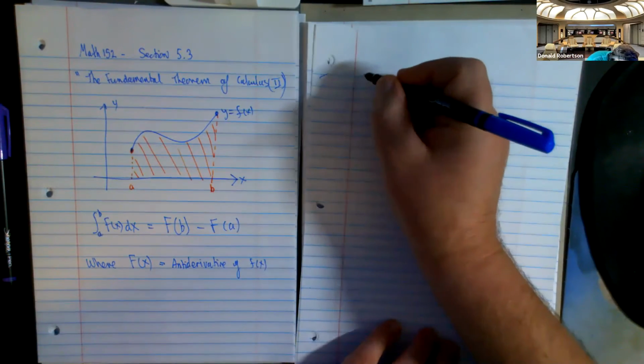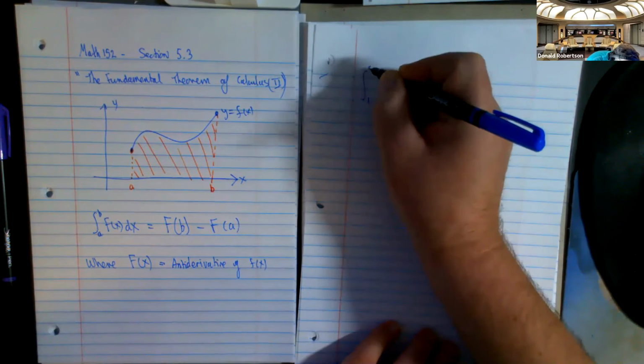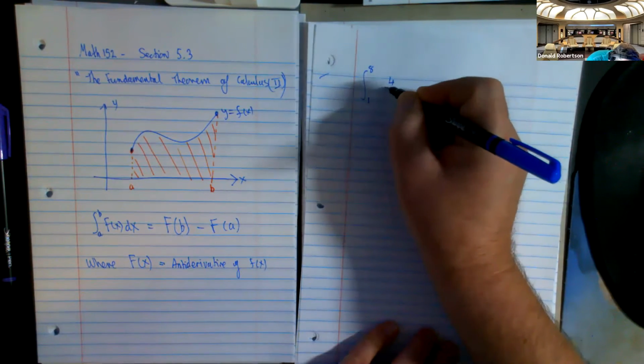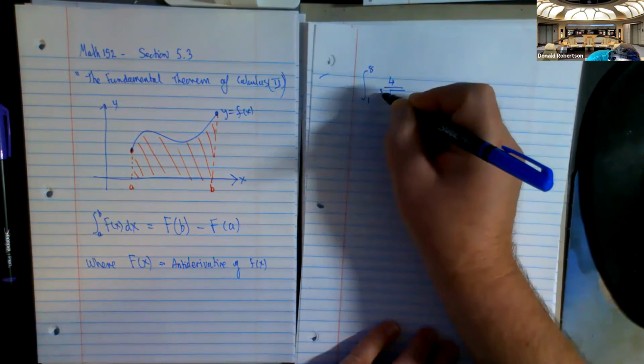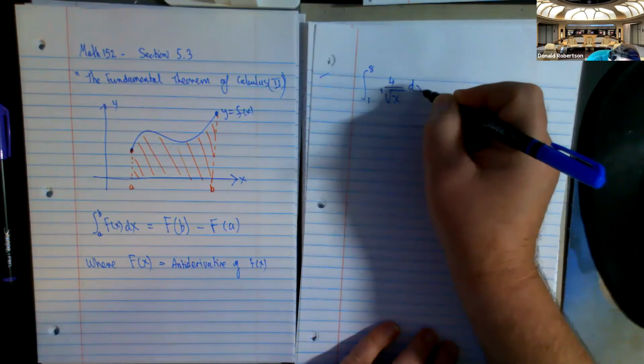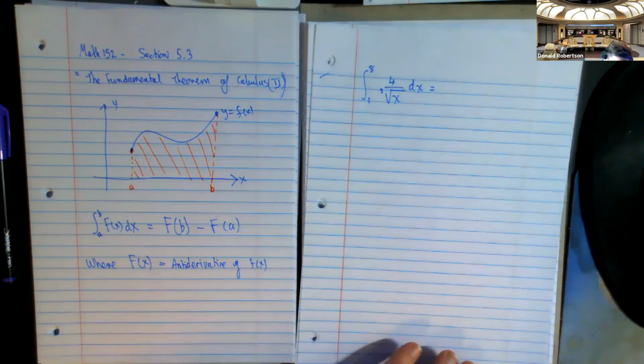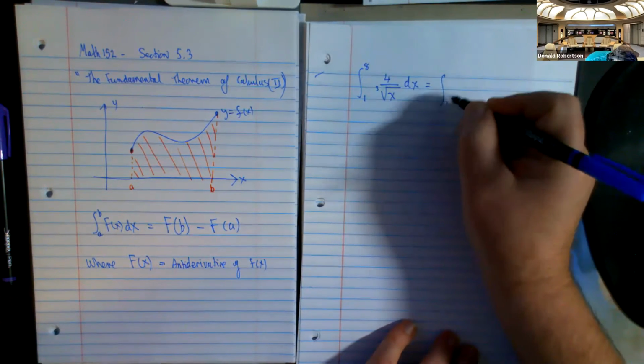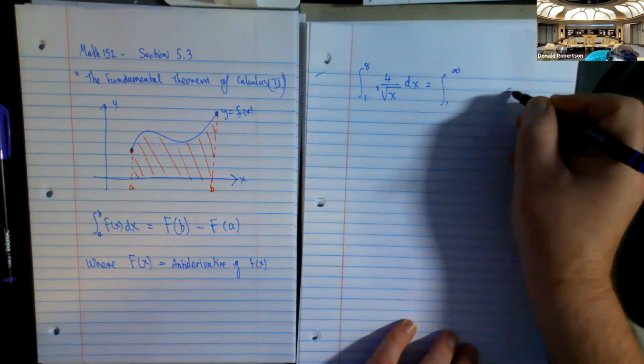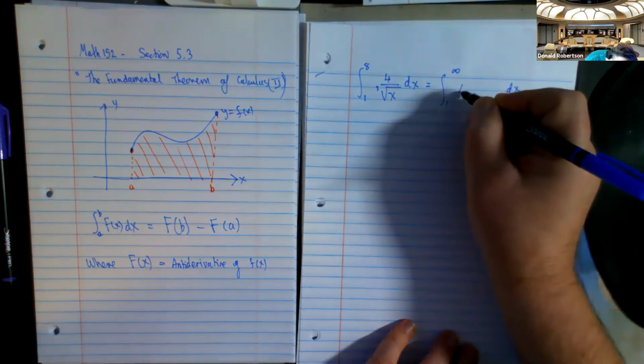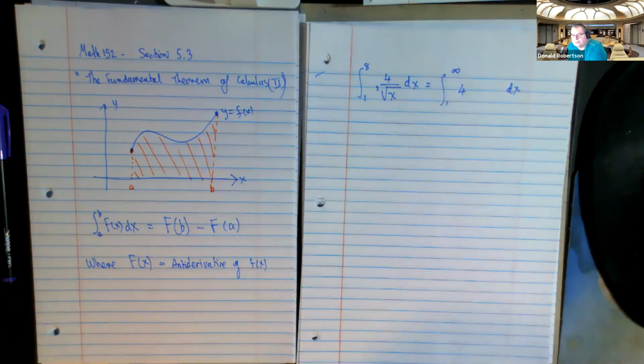Let's do another square root, cube root kind of guy. Let's do the integral from 1 to 8 of 4 over the cube root of x. Now you're going to have to think a little bit harder about this one. I do not want a cube root of x.